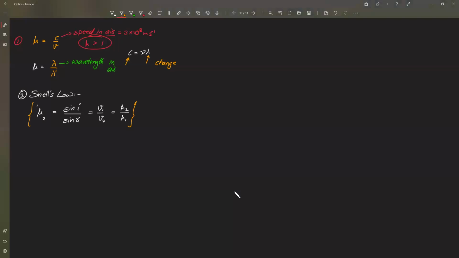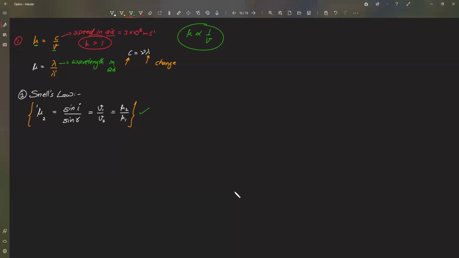Okay, so this mu1 and mu2 are the absolute refractive indices, and the absolute refractive index of a medium is inversely proportional to the velocity in that medium, right? So that's why the last relation, sin I by sin R, is mu2 by mu1, while in terms of velocity it is v1 by v2 if light is entering from medium 1 to medium 2.